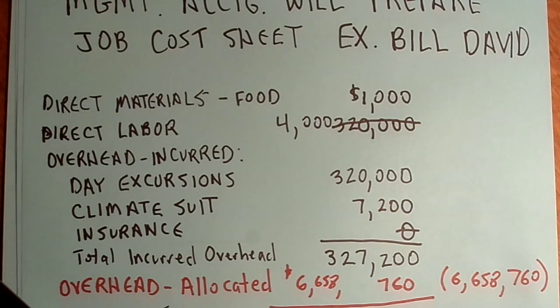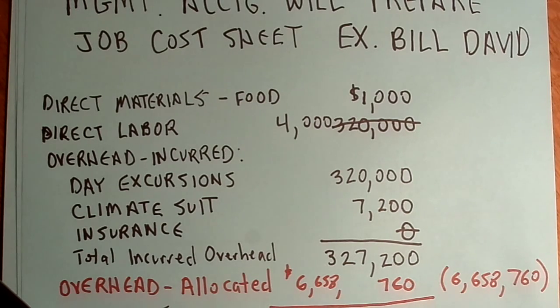When we allocated overhead, we allocated $6,658,760. Now recalculate this on your own, but I think I made an error here, because when I came up with this bottom number, $6,986,520, I don't think I added in the direct materials of $1,000 or the direct labor of $4,000.